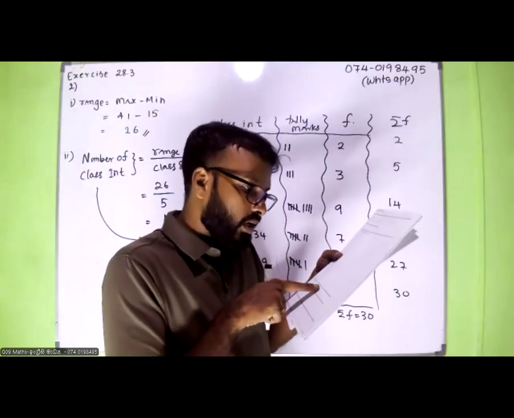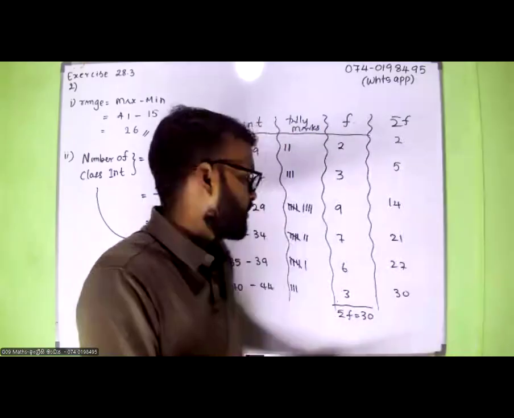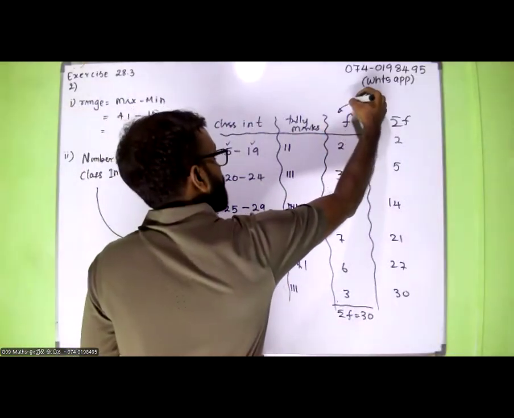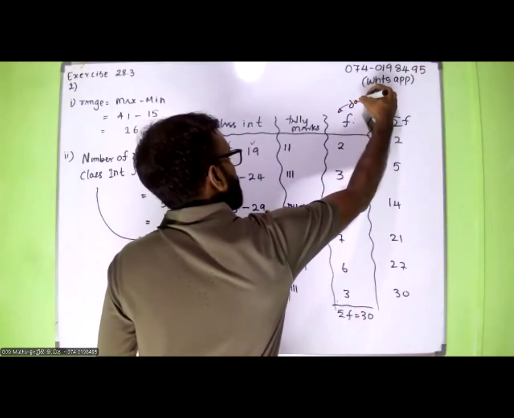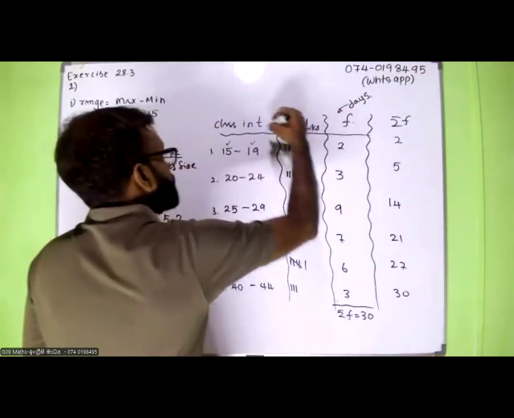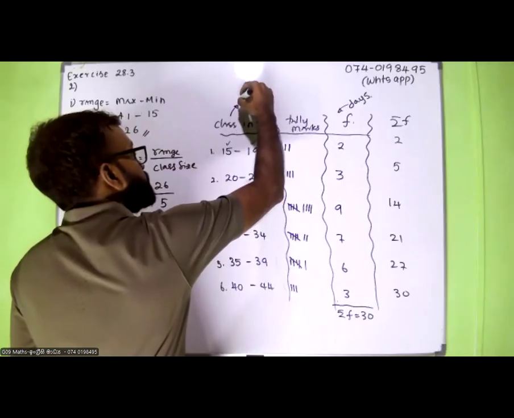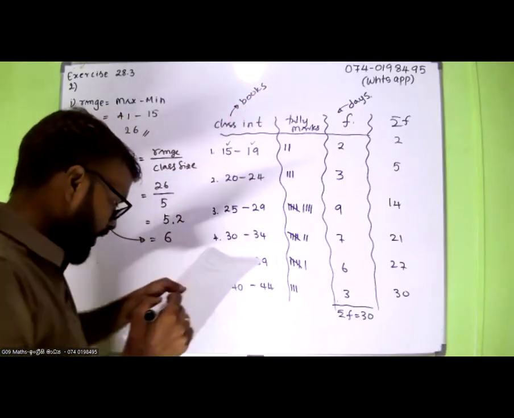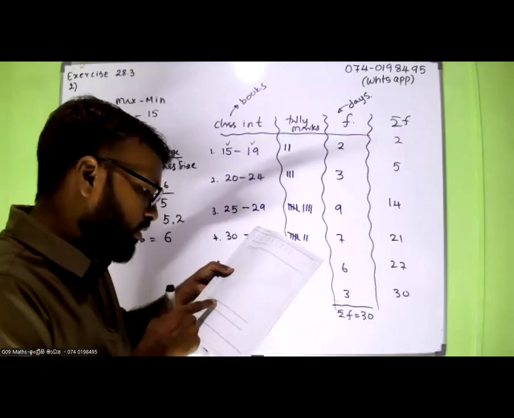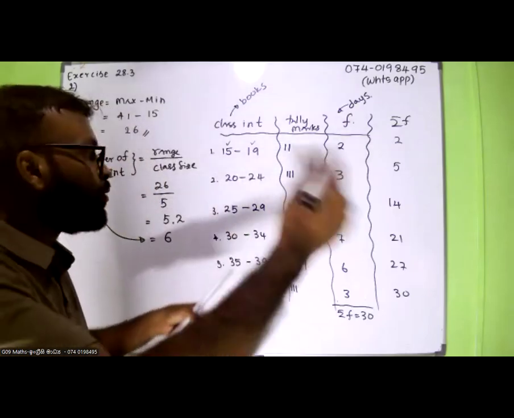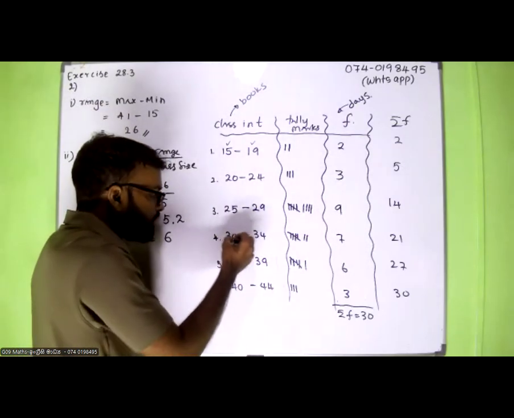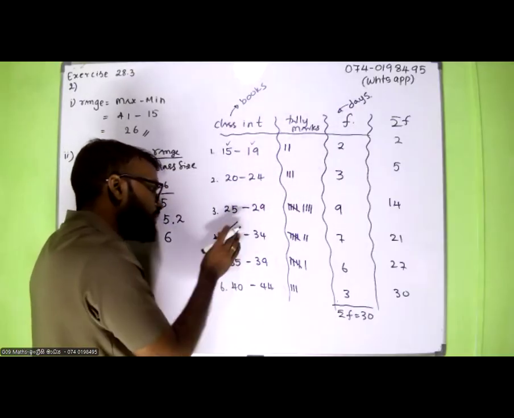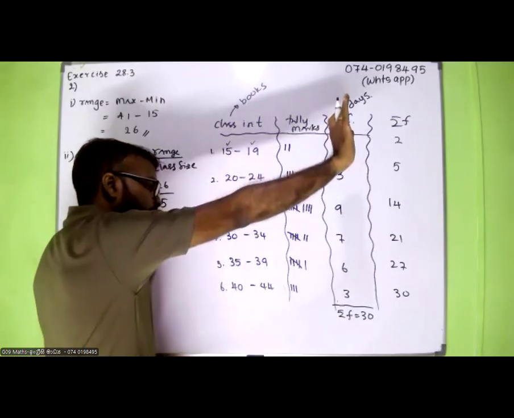which 30 or more books have been loaned. Right? So this is the number of days. These are the books, number of books. They are telling using the table, find the number of days in which 30 or more books. So here, 30 or more than that, right?